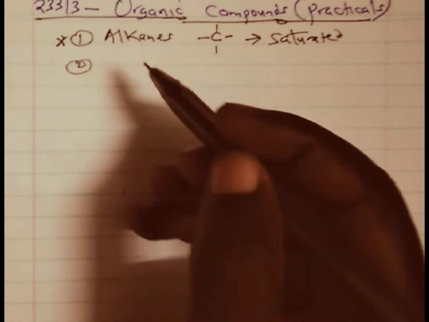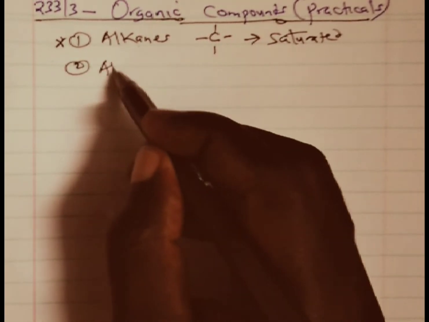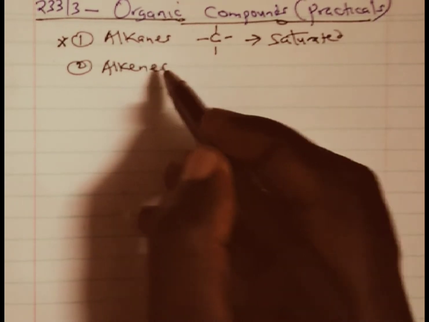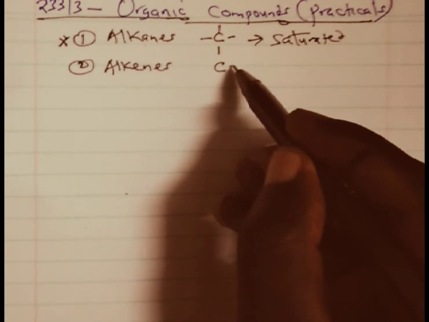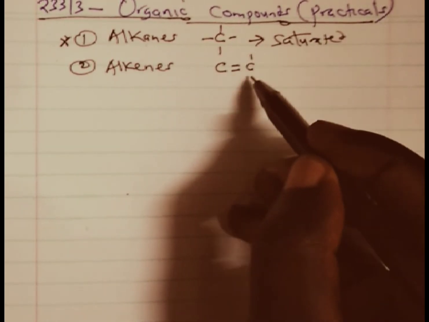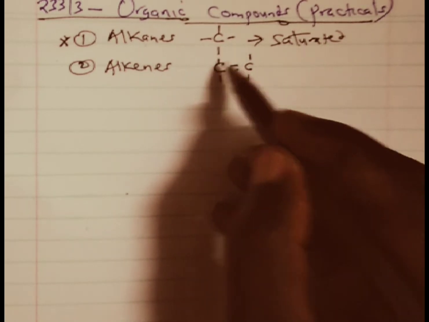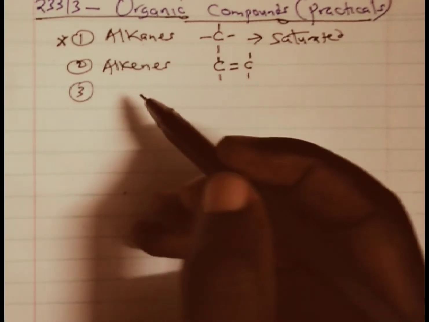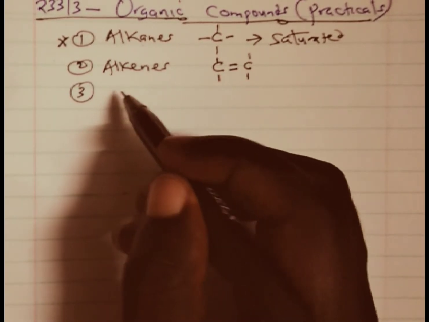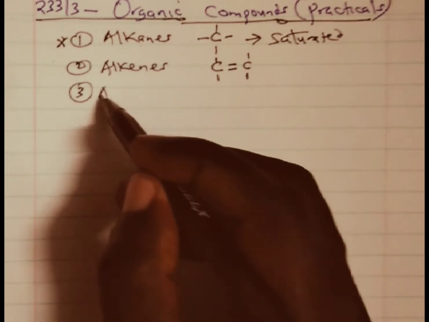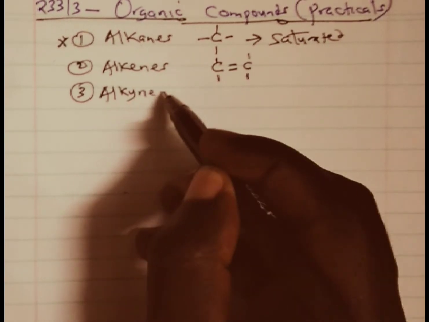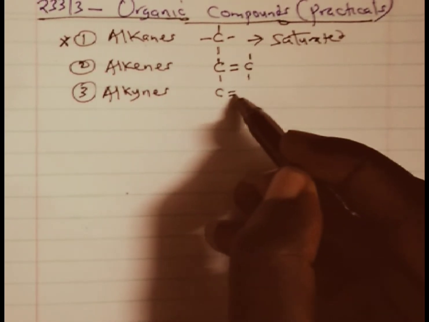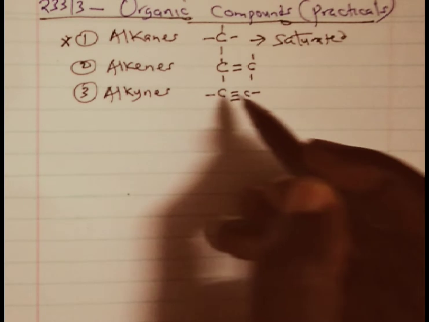Number 2, we are going to test for unsaturation in alkenes, which are represented using the double bond. Number 3, we are also going to test for the unsaturation in alkynes, which are represented using a triple bond.